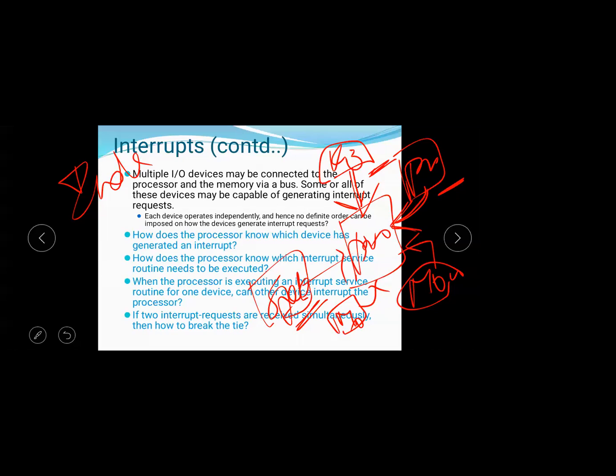Both devices are sending the interrupt request to the processor at the same time. Then how does the processor recognize the interrupts, and which device is serviced first and which second?